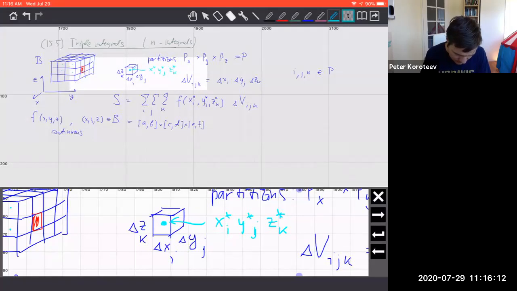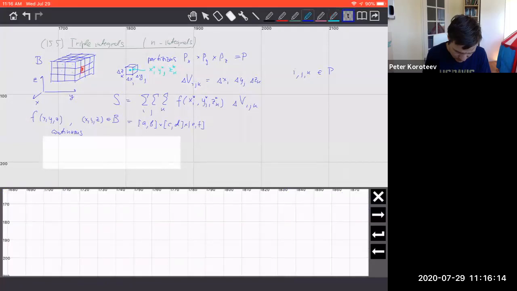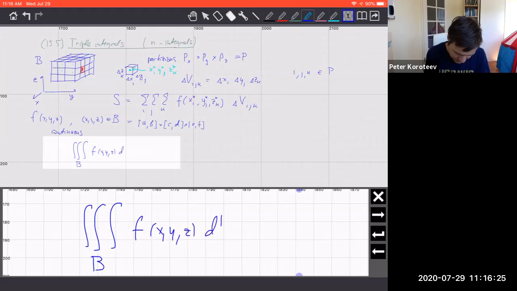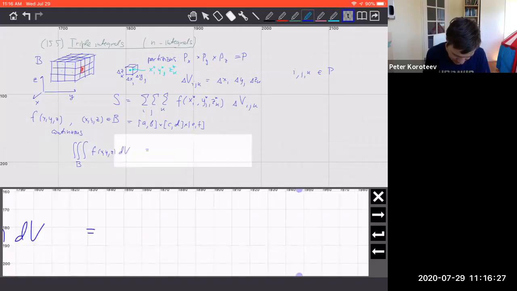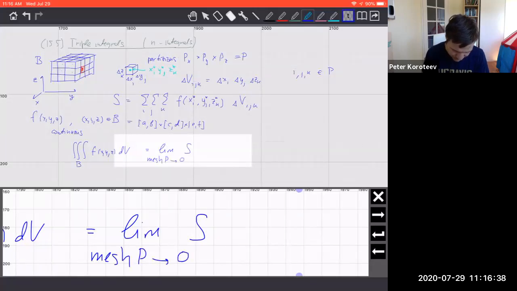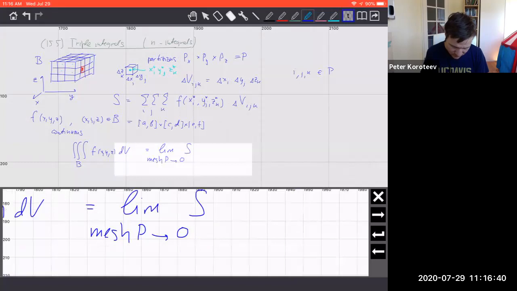Okay, and if the limit exists, then we define the triple integral over B of f(x, y, z) dV as the limit of this Riemann sum as the mesh of the partition P goes to 0. In fact, I should probably say that the meshes of all the partitions should go to 0.